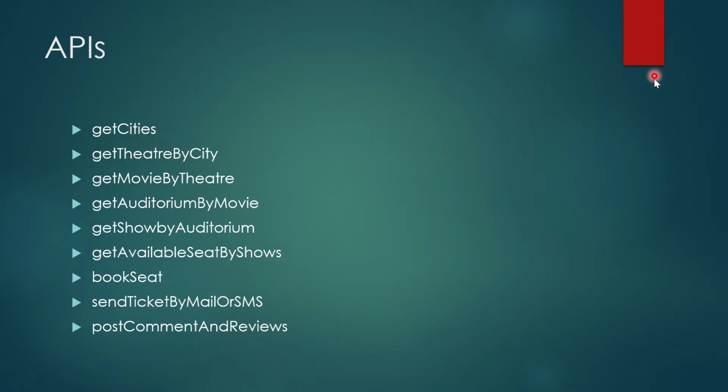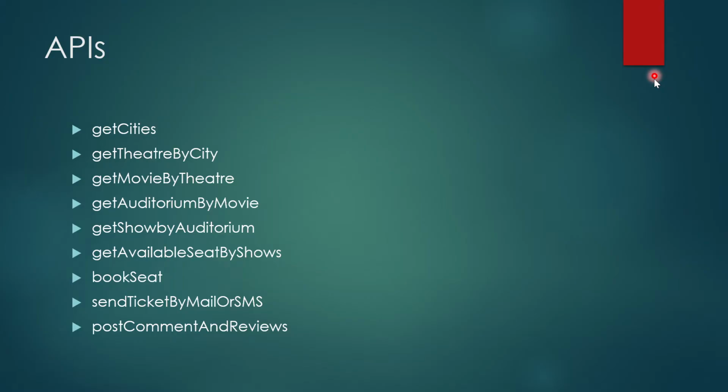And once you have selected the movie, then based on the movie, you need to get the auditorium. A theater can have multiple auditoriums, so you need to get the auditorium in which that movie is playing. Once you have the auditorium, then you need to get the show. In one auditorium, multiple shows will be running throughout the day, so you need to get the shows that are running in an auditorium.